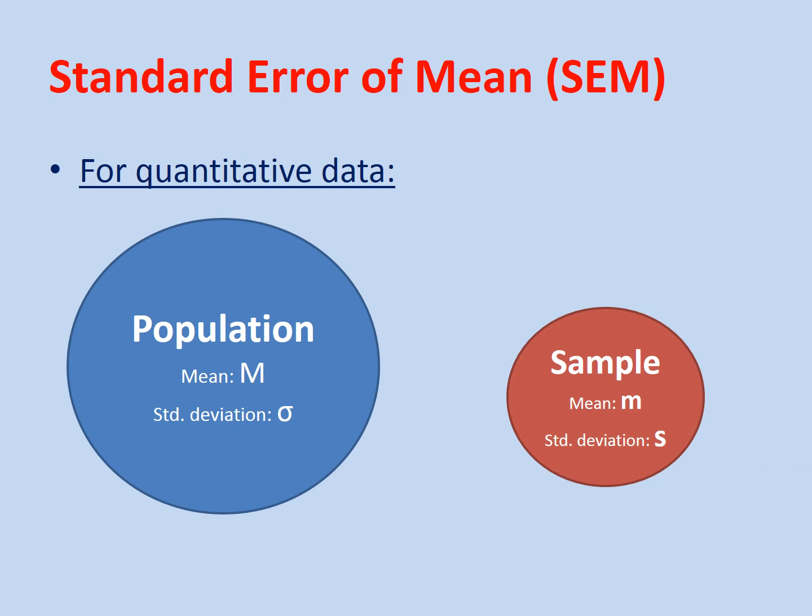After measuring the hemoglobin levels of the 200 women, you will get the mean, which is called the sample mean, denoted by small m. Then you can calculate the standard deviation of that sample, denoted by small s. If you estimate the population mean from that sample mean, that process is helped by the standard error of mean.